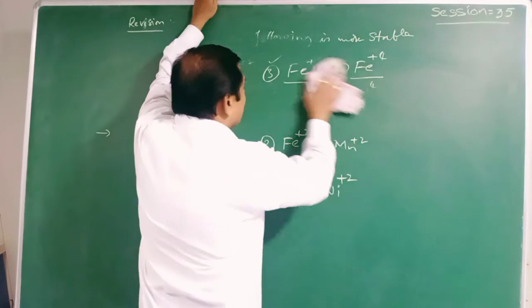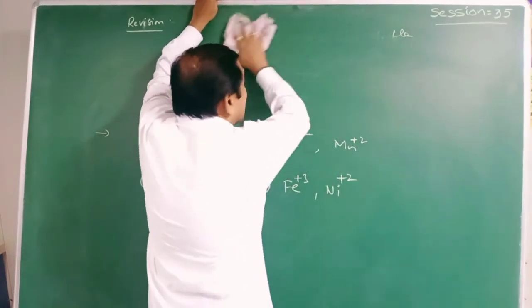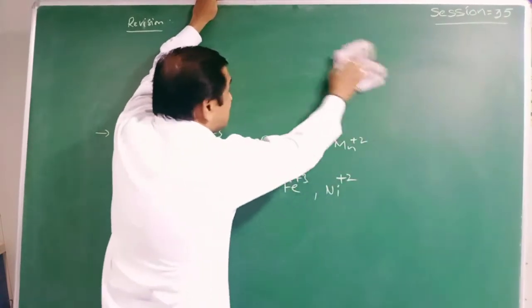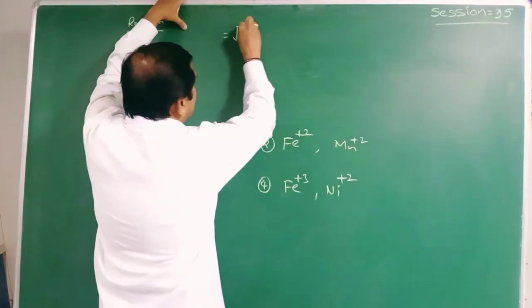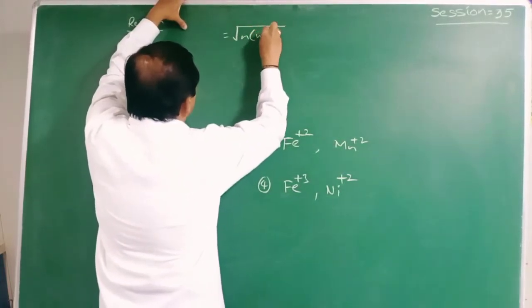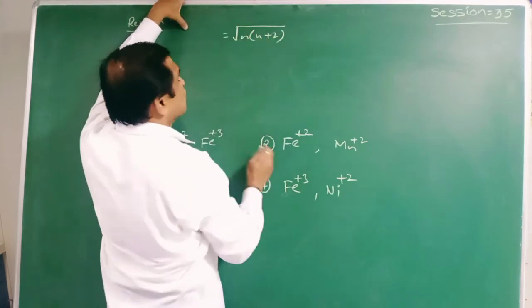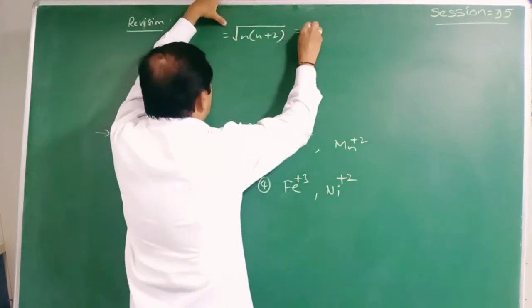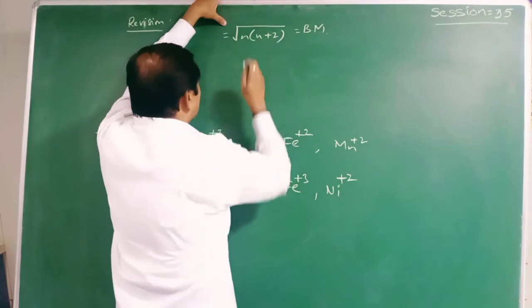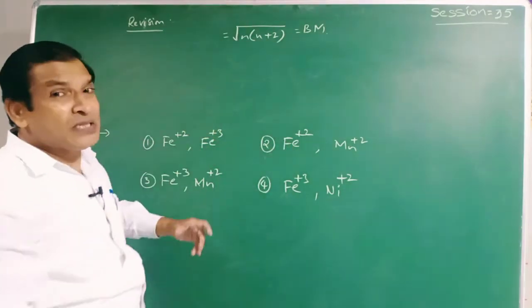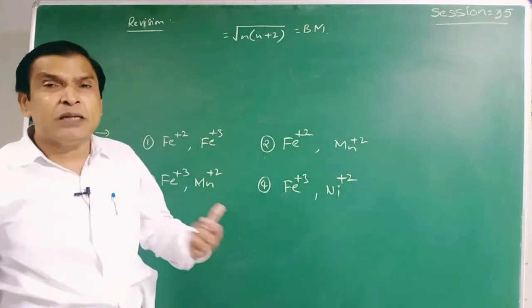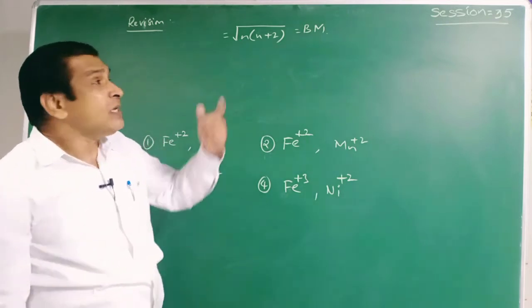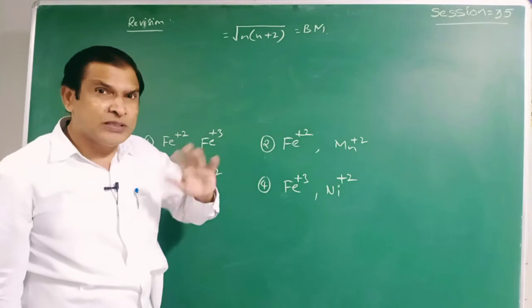Magnetic moment of paramagnetic substances can be calculated by using the expression under root n into n plus 2, where n is the number of unpaired electrons. If two species have the same number of unpaired electrons, they show similar magnetic moment. That is the only solution for us.